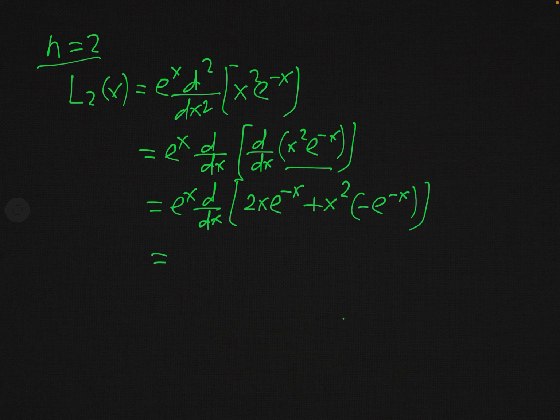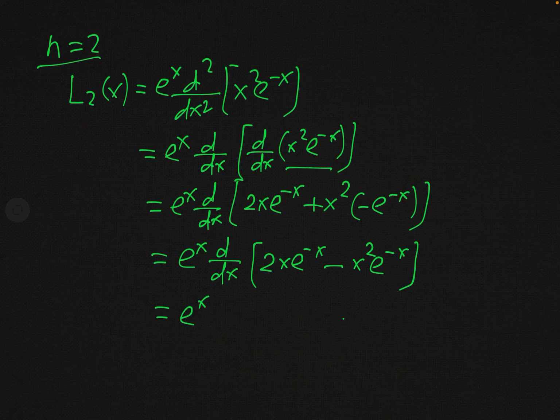And so you can see this is e raised to the power x d/dx of [2x e raised to the power minus x minus x square e raised to the power minus x]. Now we will differentiate the terms inside the square bracket.